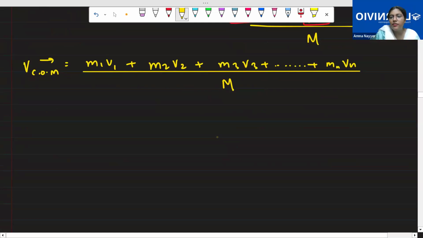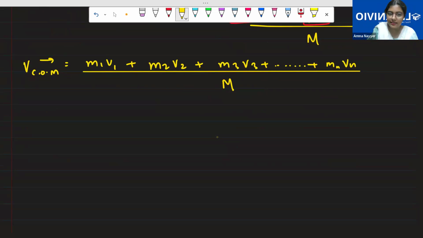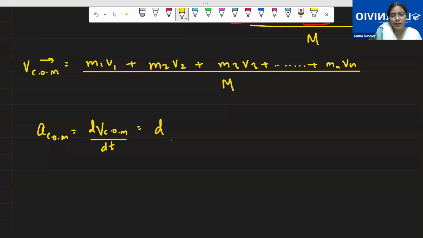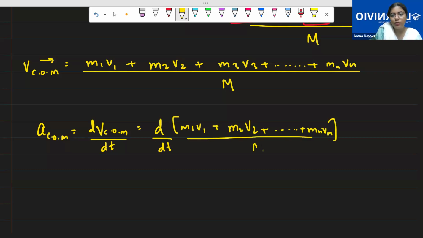Now from the velocity, if I need to calculate acceleration, that is also not difficult. For acceleration, you differentiate this. This is the velocity of the center of mass. If I differentiate this for the acceleration of the center of mass, what will I get? d over dt of this whole term, m1 v1 plus m2 v2 up till mn vn, divided by the total mass.